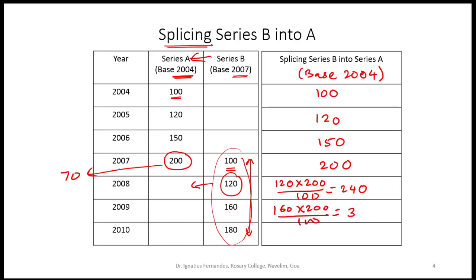That will be equal to 320. And 180 with base 2004 will be 180 into 200 divided by 100. That is going to be equal to 360. So what did I do? To convert these index numbers into A, I just multiply 200 to each one of them and divide by 100.